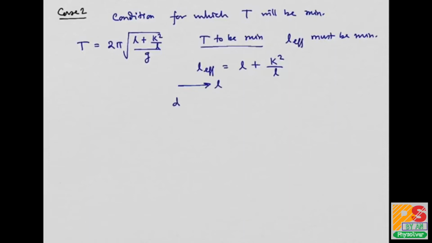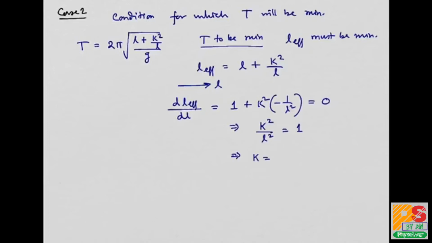So dL effective divided by dL is 1 minus K square by L square, right? And from the concept of maxima and minima, we know that at a minimum or maximum value, this first derivative will be equal to 0, and from that I can say K square by L square must equal 1, so K equals L. Now this is the condition for T minimum. Now why minimum?